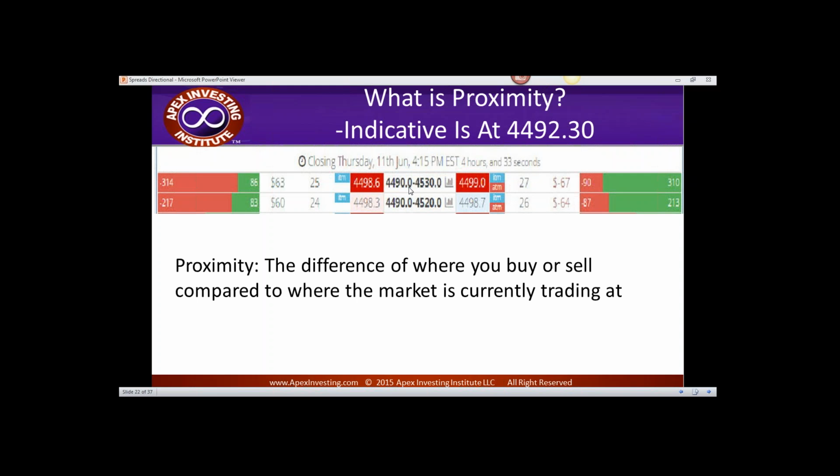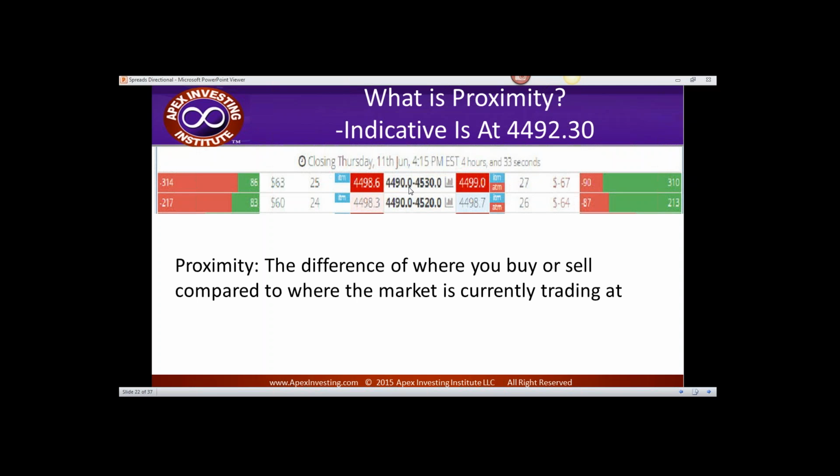If you're buying a spread, wherever you buy it at, and then whatever it expires at, you're getting that difference dollar for dollar. Okay, I know that's probably a little confusing. We're going to talk about it a little bit more. But when you're buying with a further away proximity, you won't always see your P&L number move $1 per tick as the market moves, because you've already bought or sold higher.